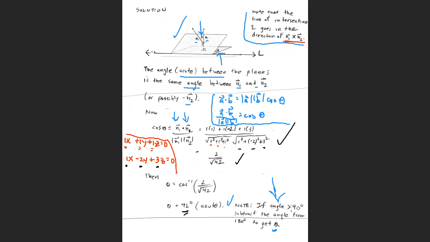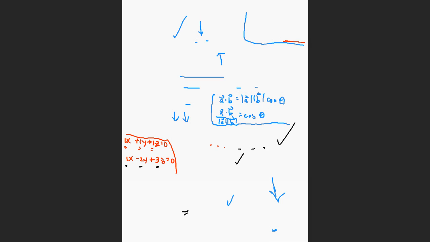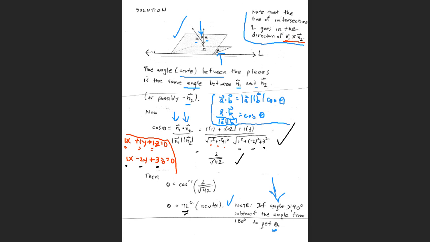The two normal vectors for those planes themselves lie in a plane, and the line of intersection L is perpendicular to that plane. The plane that contains the two normal vectors, n1 and n2, the line of intersection is perpendicular to that plane. So it has to go in the direction of the cross product of those two normal vectors.